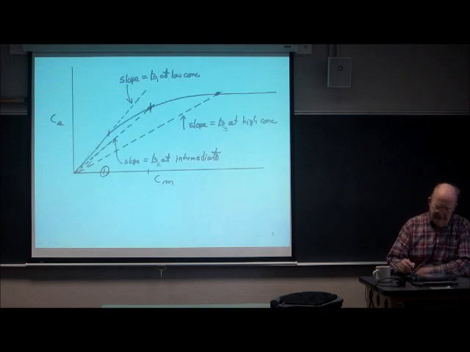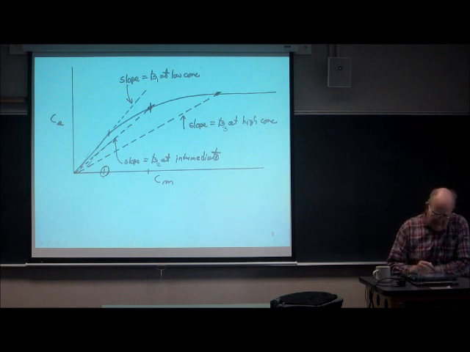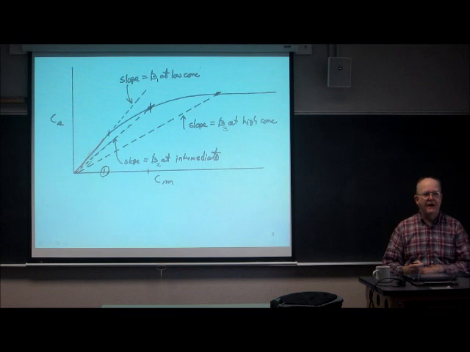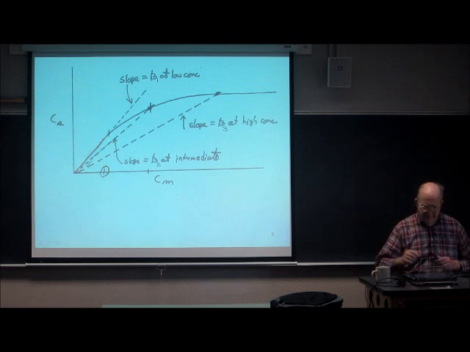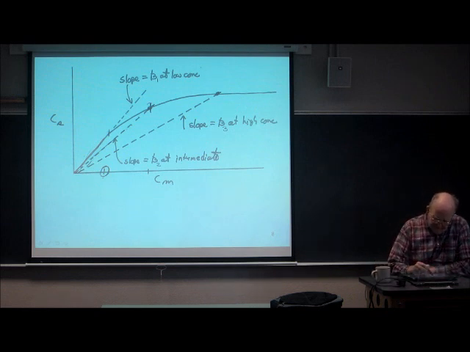Now, suppose I have a convex isotherm. If I inject a very small amount of material, I probably remain on this linear isotherm, and I'm not going to see anything happen to my peak. But let's suppose I inject this much stuff.